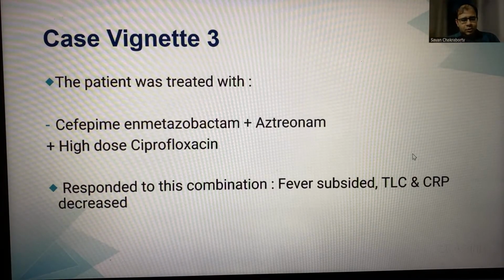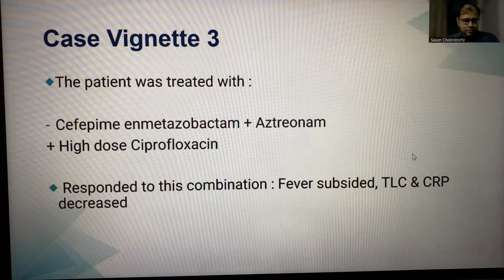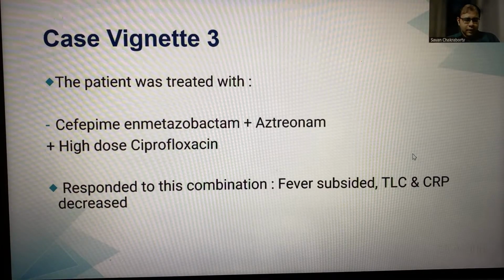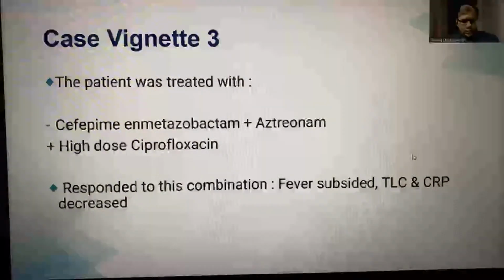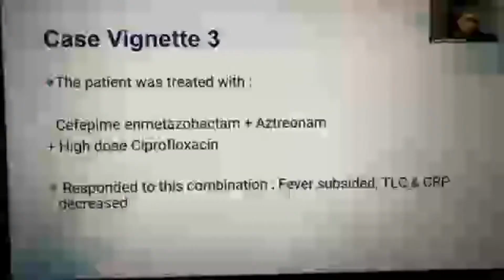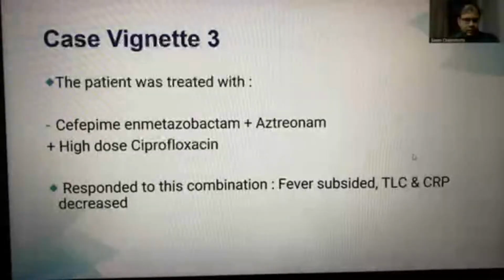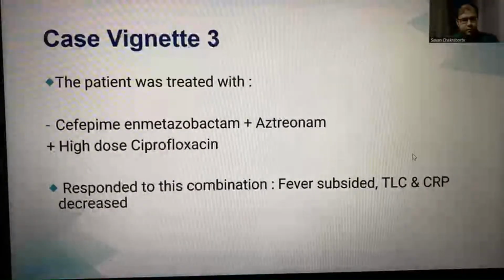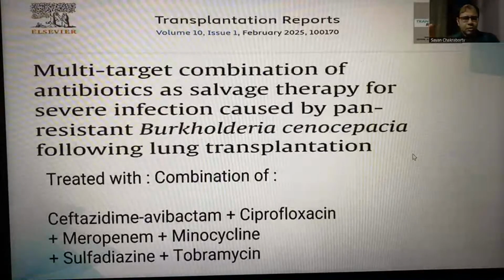Burkholderia cepacia is known to produce efflux pumps, and with the combination of aztreonam and high-dose ciprofloxacin, we can use antibiotics with different mechanisms. She responded to this combination, she subsided, and her CRP also decreased. Luckily this combination really worked, and we continued it for around 10 days, and she came out of the ICU and got discharged.